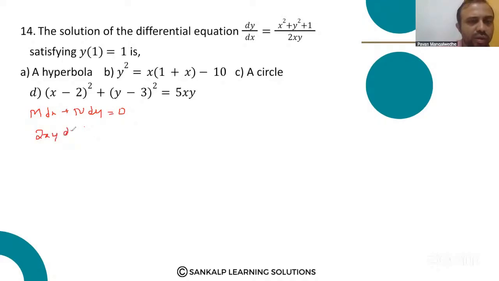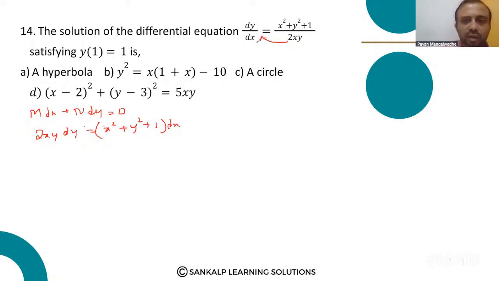2xy dy is equal to, means transposing the denominator to the other side, then it will become x square plus y square plus 1 into dx. So rearranging and differentiating. This is transposed to the other side, so it will become 2xy into dy.